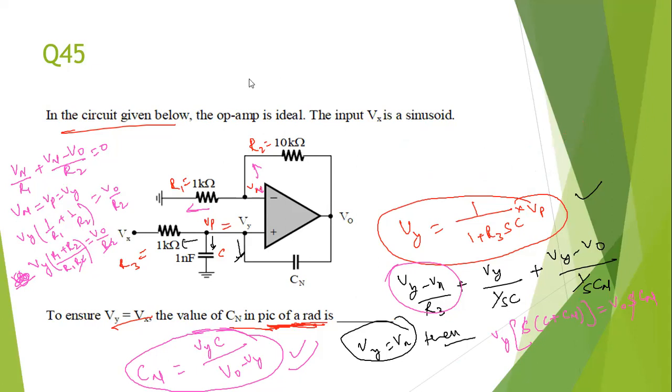So after replacing, Vy equal to R1 by R1 plus R2 into V naught.